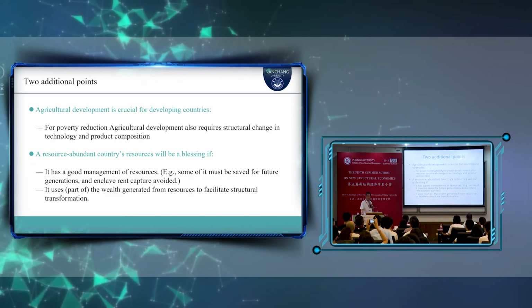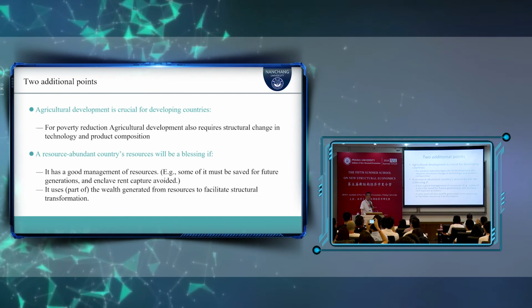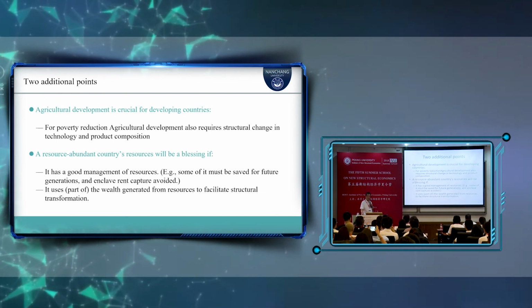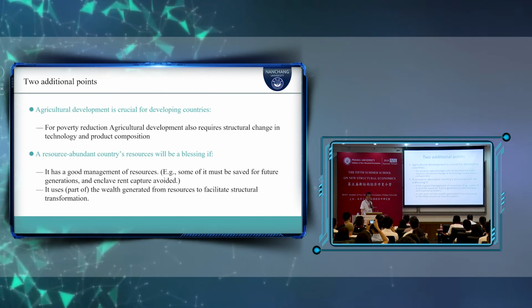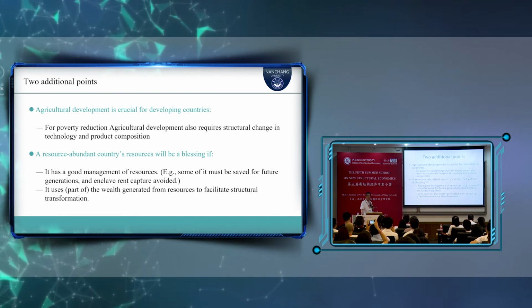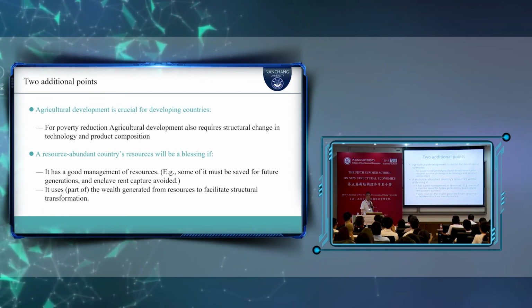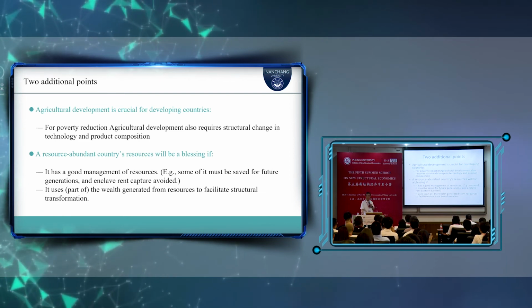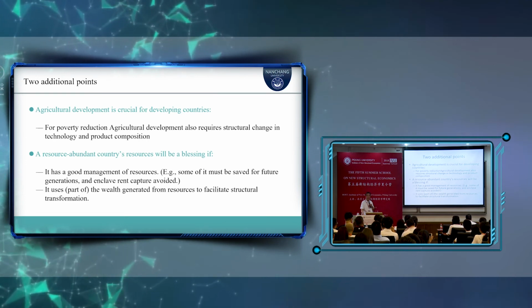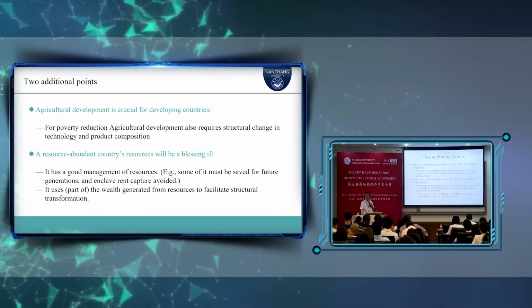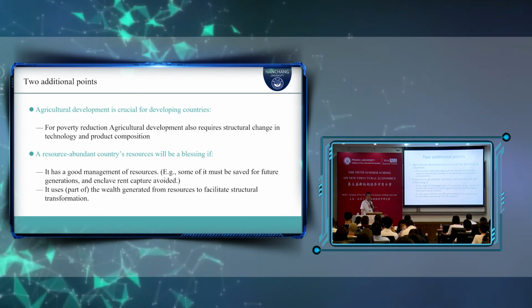And for resource-abundant countries, if they can manage and use the resources generated from natural resources to support the improvement of infrastructure, improvement of human capital, and so on, then resources can be a blessing instead of a curse.